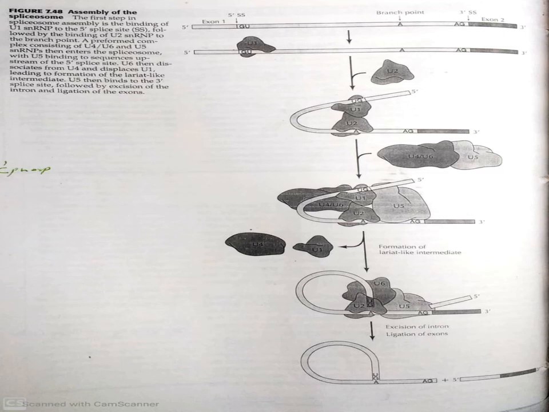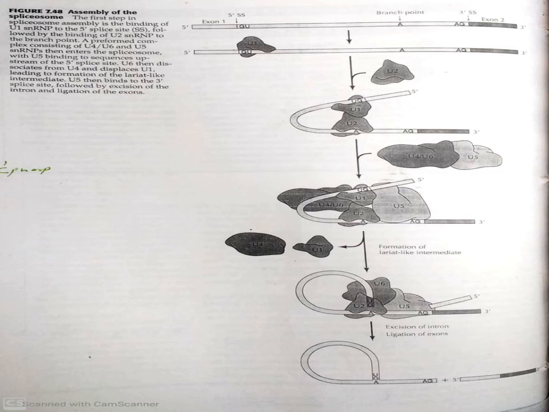In other words, U1 snRNPs are going to bind with the 5' splice site, and then U2 is added, and this U2 snRNA is going to bind with the adenine present at the branch point of this primary transcript of mRNA.